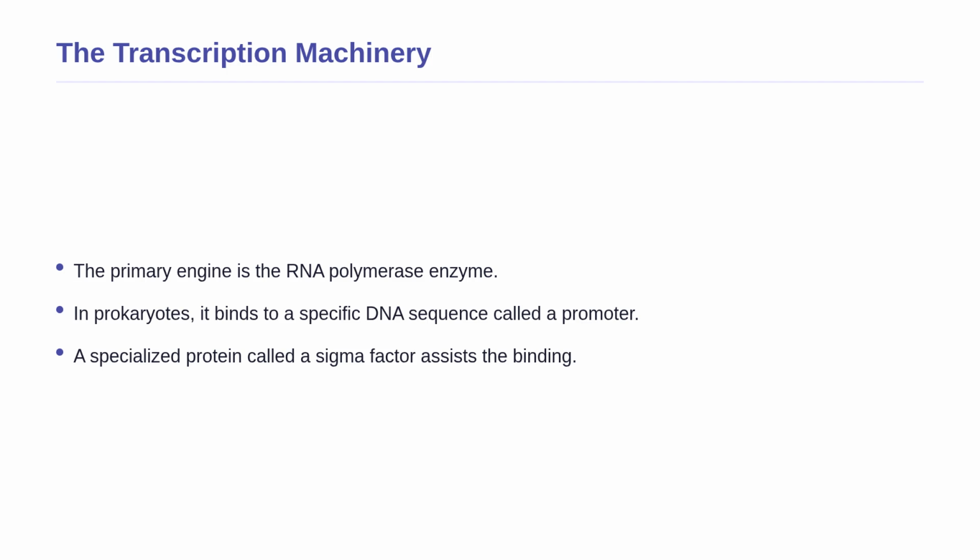In prokaryotes, for example, it must bind to a very specific starting sequence on the DNA known as a promoter. To find and bind to this promoter accurately, the RNA polymerase requires the help of a specialized accessory protein called a sigma factor. Together, they form the complete machinery, ready to begin the transcription process.